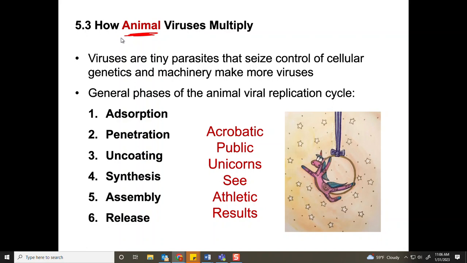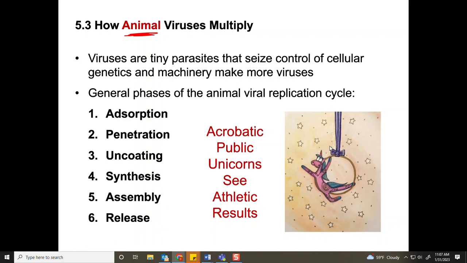We're focusing on animals. The general phases of the animal viral cycle are as follows: absorption, penetration, uncoating, synthesis, assembly, and release. So what I've done over here to the right is I've given you a mnemonic device: acrobatic, public, unicorn, C, athletic, results. And here's my acrobatic unicorn.